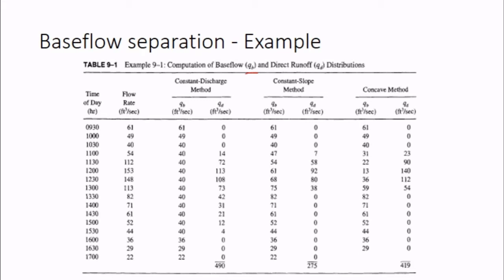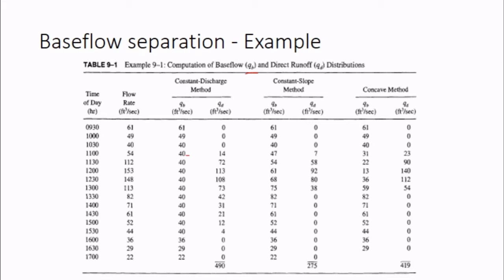Ilang area ba yun? 3 din, di ba? 3 area. So, 61, 61, 49, 49, and then 40, 40. Ito na yung bottom. And then, tumaas na siya, 54. And then, 40 na to. Sabi, ipoproject lang yung bottom or yung lowest value, then i-discharge horizontally. Kaya, 40 tong base flow discharge.